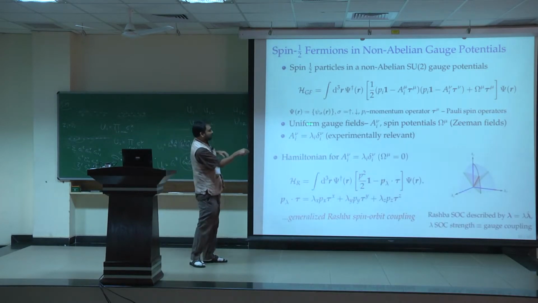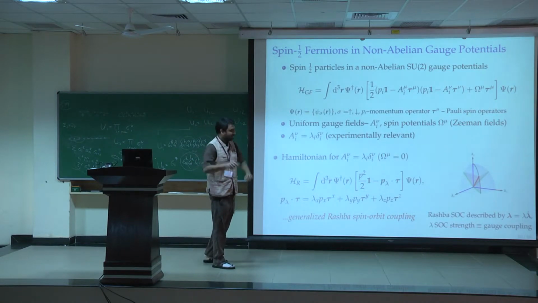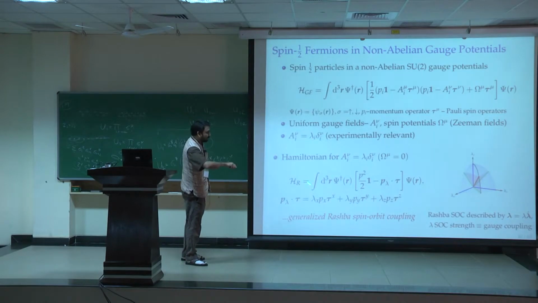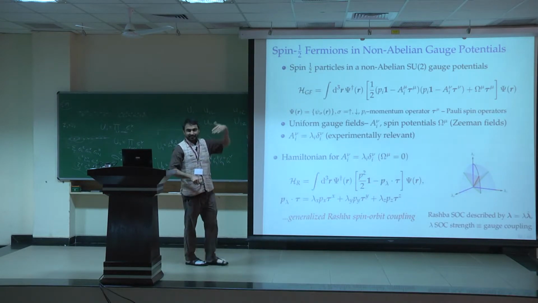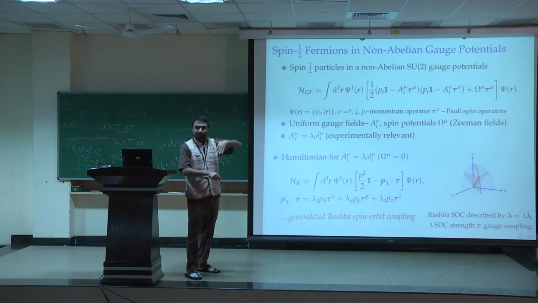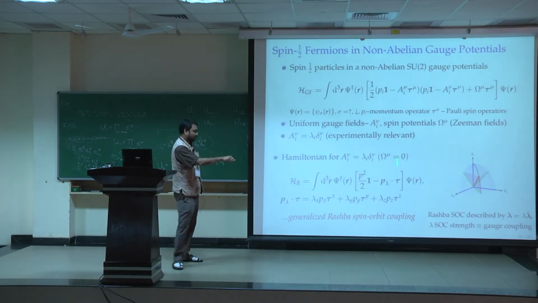So this gauge field configuration can now be described by a vector in the space lambda x, lambda y, lambda z, and this Hamiltonian now reduces to a Hamiltonian with a generalized spin-orbit coupling. So uniform non-abelian gauge potentials are equivalent to generalized spin-orbit coupling like this.